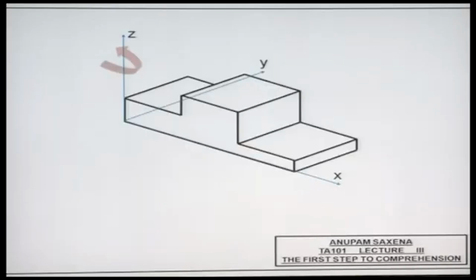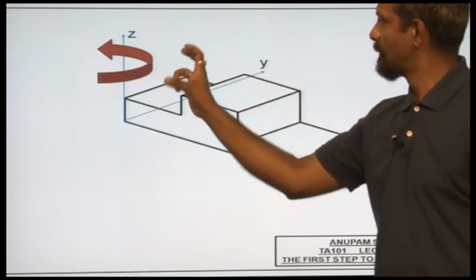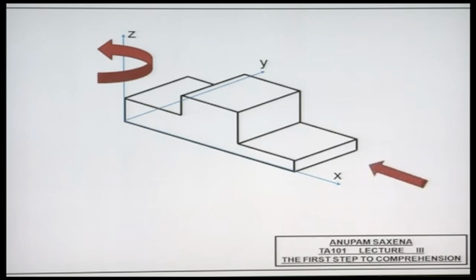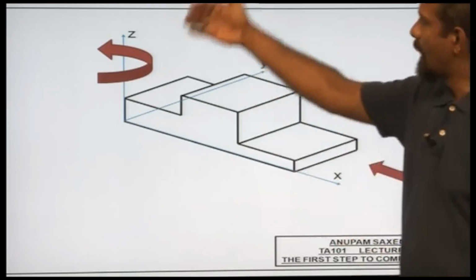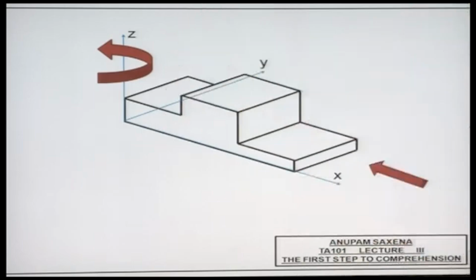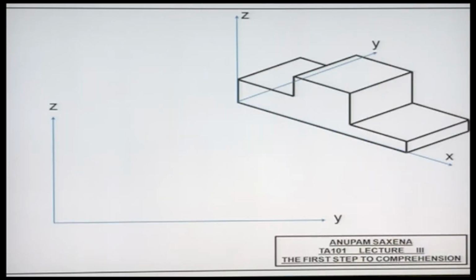Now how about we rotate this about the z axis and try to look at the object from this side, standing over here. What do we see? We are essentially going to be looking at the YZ plane. There you go, the YZ plane. What do you see?